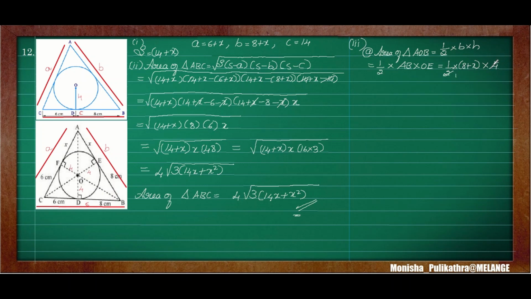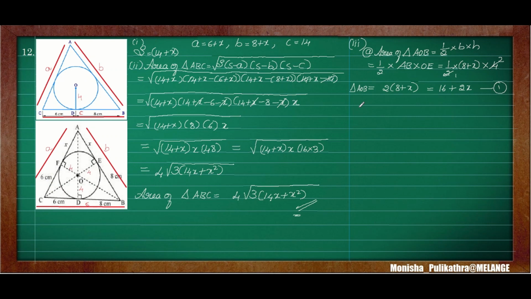So 2 ones are 2, 2 twos are 4. So remaining will be 2 into 8 plus x, that is 16, 2 8s are 16 plus 2x. So let this be equation number 1. Okay, this is area of triangle AOB.